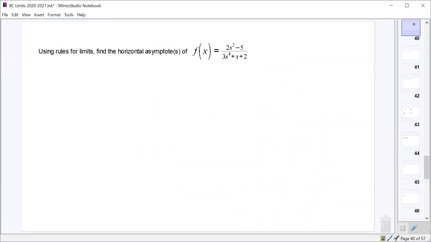Here we have the degree of the numerator is less than the degree of the denominator. What should we divide everything by? Still the highest. x to the 4th. Yep, x to the 4th.